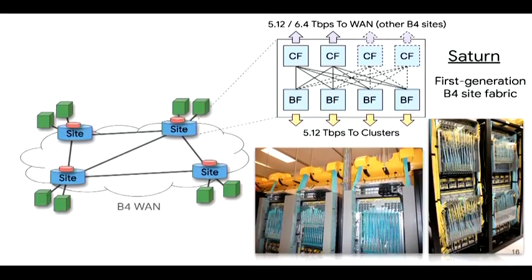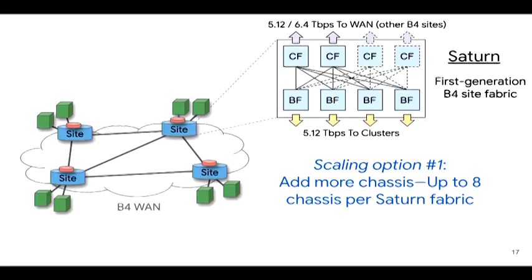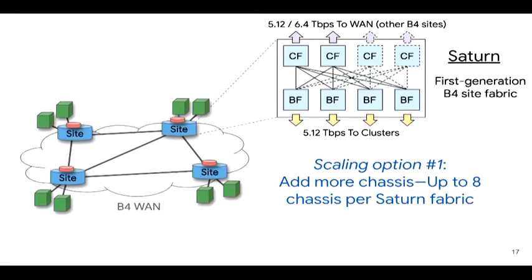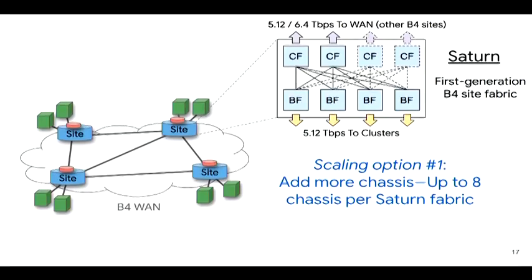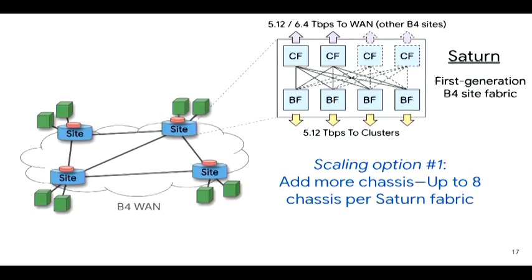At the bottom layer, we have 4 BF chassis that can be used to connect to the clusters, while at the top level, we have 2 to 4 CF chassis that can talk to the WAN. So how do we scale this network? One option is that we can add 2 more CFs at the top level to make it 8 chassis in total, and that will give us more capacity towards the WAN side.